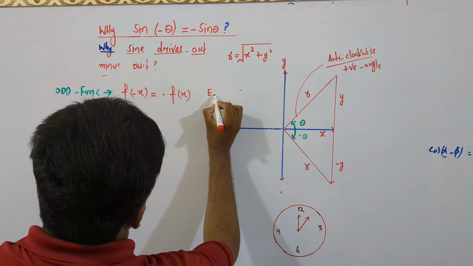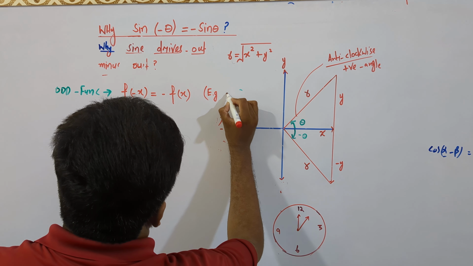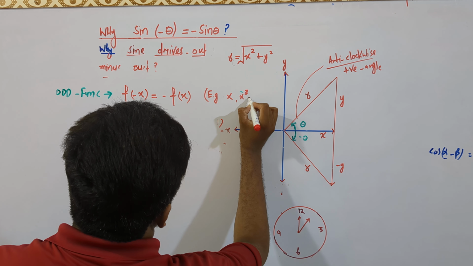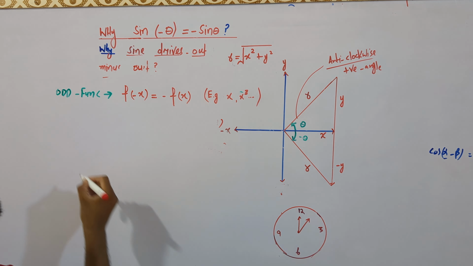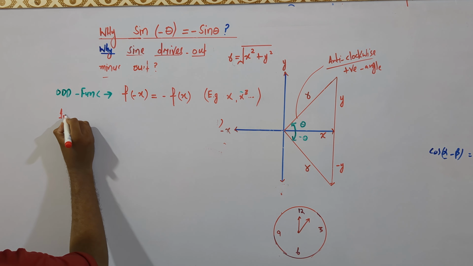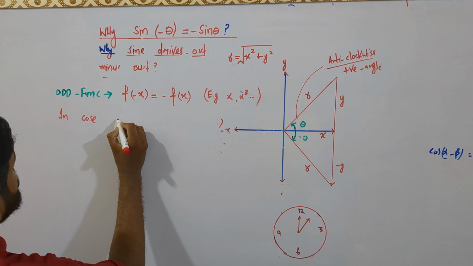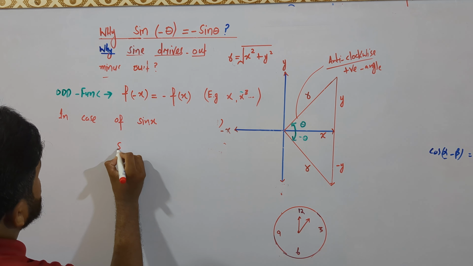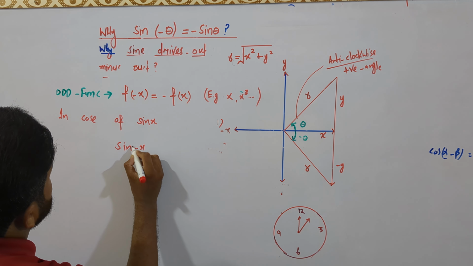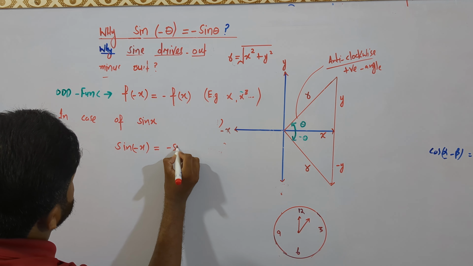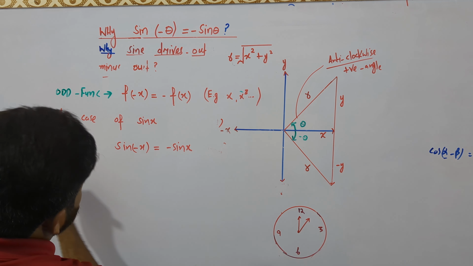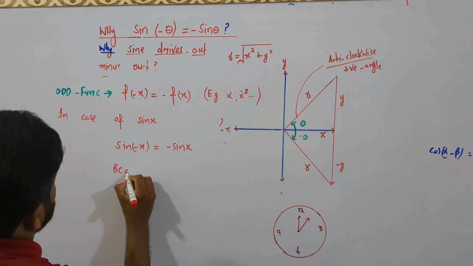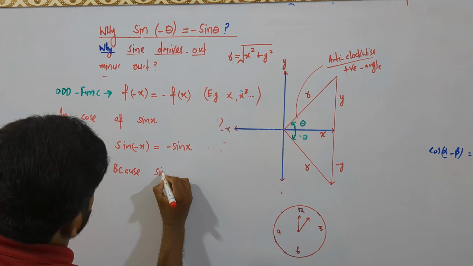Examples abound: x, x cube, and so on. So in the case of sine x, sine negative x is equal to minus sine x, because sine is also an odd function.